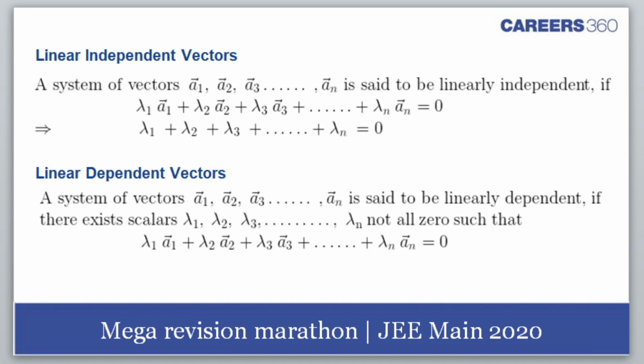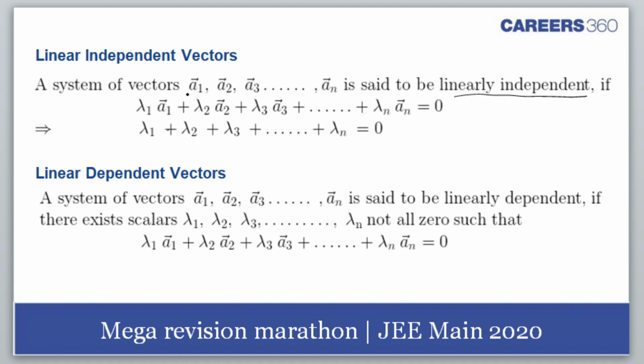Linearly independent vectors. What are linearly independent vectors? A system of vectors a1, a2, a3 is said to be linearly independent if lambda 1 a1 plus lambda 2 a2 and so on is equal to 0 implies lambda 1 equals lambda 2 equals lambda 3 equals lambda n equals 0.